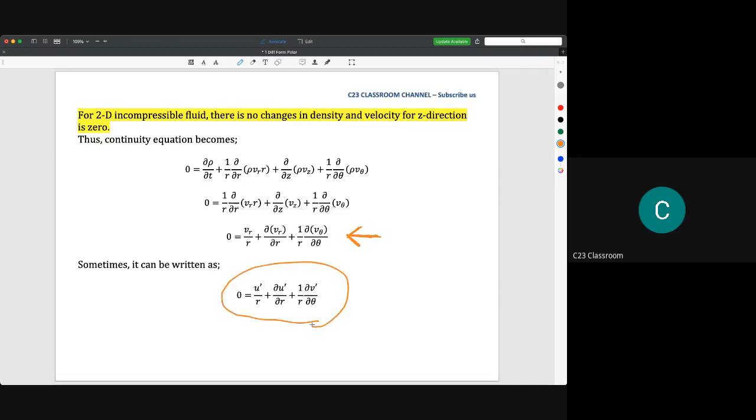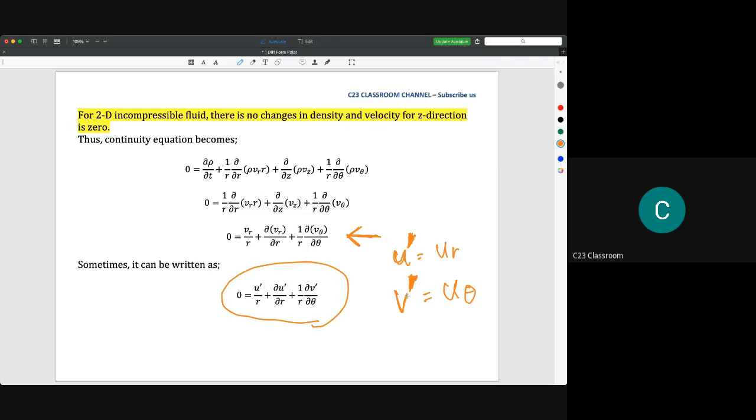They are using u prime as ur, and they will use v prime as u theta. They just want to use the same terms as the Cartesian coordinate, which is u and v. So to differentiate the situation, it is u prime and v prime. This apostrophe symbol is called a prime. But both are correct actually.